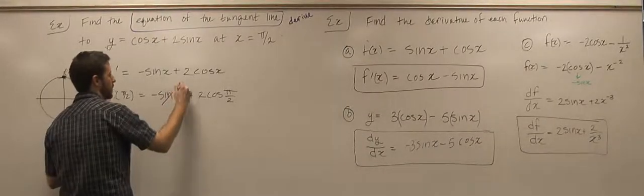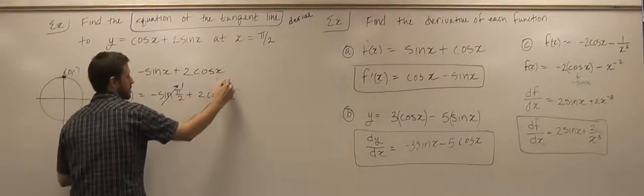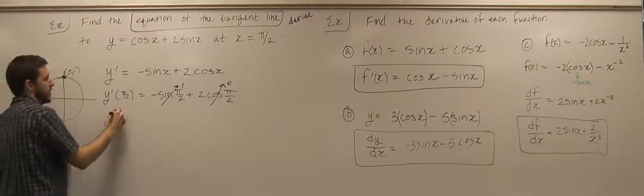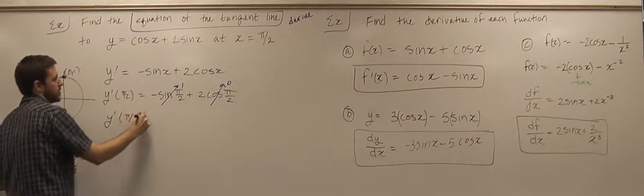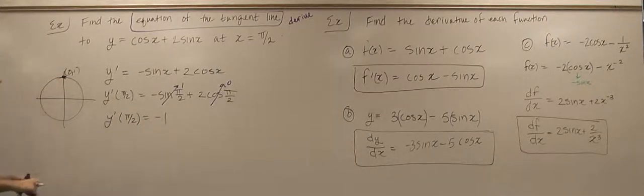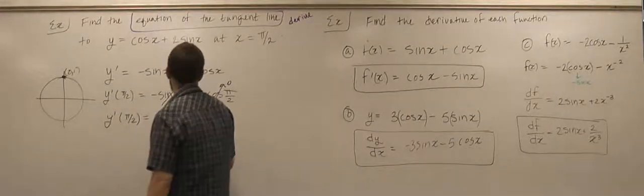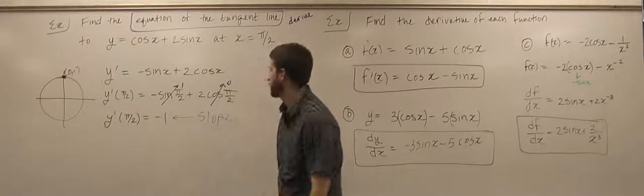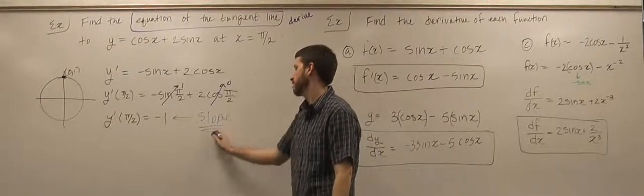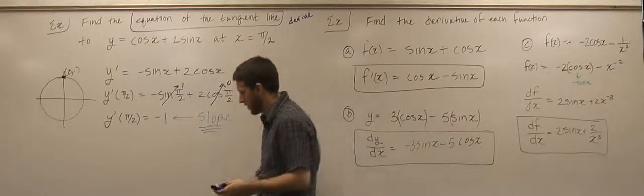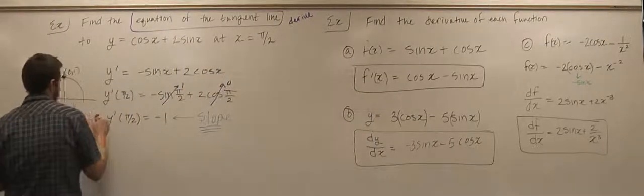So negative 1 plus 0. My derivative at pi over 2 is just equal to negative 1. So this is the slope. That was step 1. The first thing you need to find is your slope.